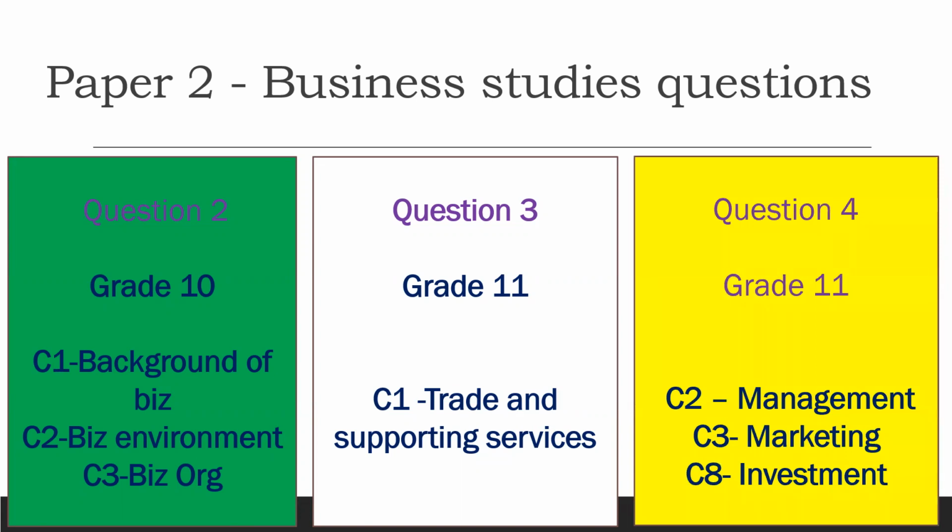Now we come to the last question from business studies, that is question number 4. The question comes from the grade 11 syllabus: management, marketing, and the last topic, investment. It's not that important, but if you want to get a good score, please have thorough knowledge of this.